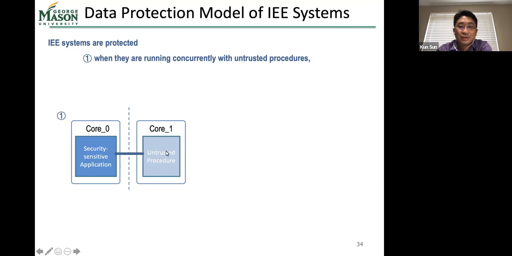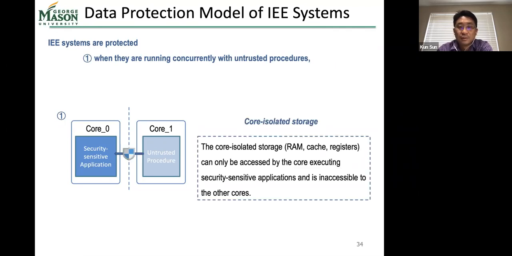We need to guarantee that even if this core is malicious, it cannot read out or access the data running in this secure core 0. This includes the memory, cache, and registers that belong to core 0, which should only be accessed by this core, but not by untrusted applications in another core.